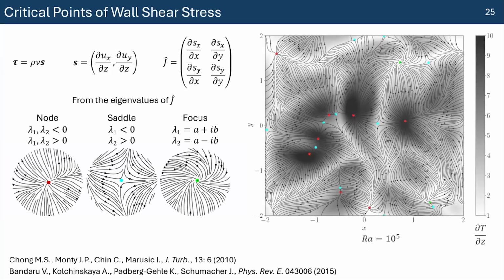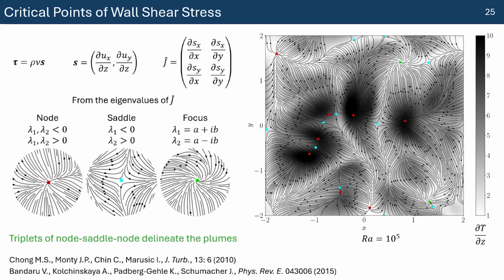For instance, if we look at how the flow is organized on the boundary layer for 10 power 5, we can see that there are nodes where the flow is either rising from the plate or impinging on the plate, and then there are these narrow saddle points from where the plumes are rising from the plate. And these node-saddle-node triplets are basically indicative of a plume that is rising from the plate. So we use this decomposition of the velocity field on the plate to get an idea of the structure of how the plumes are organized on the plate.